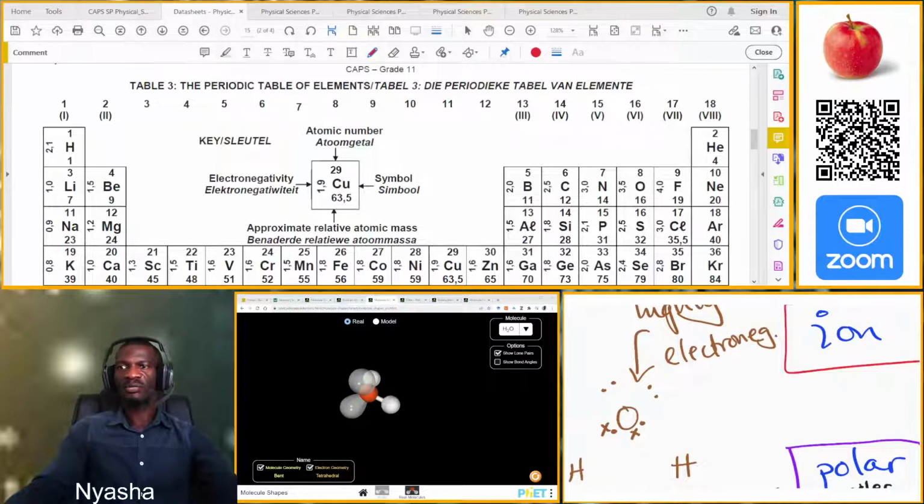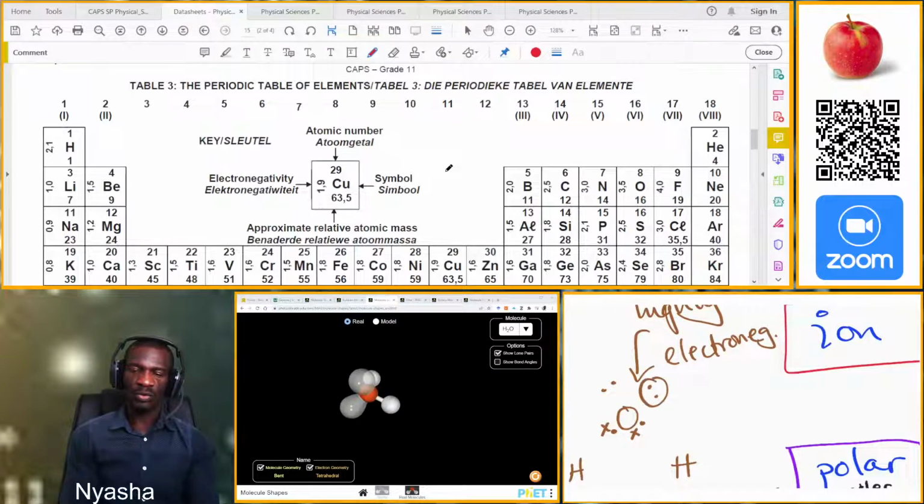These are the 6 that are participating in the bonding: 2, 4, 6. The hydrogens, 1 electron.